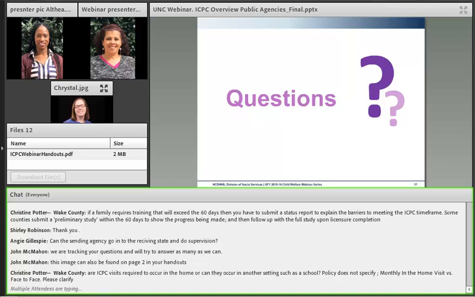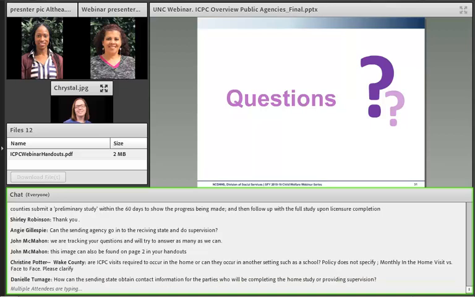The first question that we had asked previously, and I just want to clarify that for anyone else that had this question: does ICPC apply when children are placed in out-of-state group homes or PRTFs? Yes, you should be sending in an ICPC request when placing children out of state for the purposes of treatment in a PRTF or a group home.